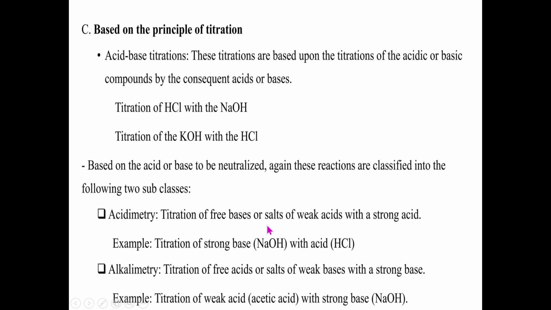Titration of free bases or salt of weak acids with a strong acid is known as acidimetry. Here we can take an example of titration of a strong base with a strong acid, that is hydrochloric acid. Alkalimetry: titration of free acids or salt of acid with a weak base or with a strong base is known as alkalimetry.